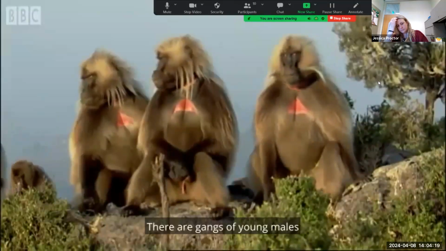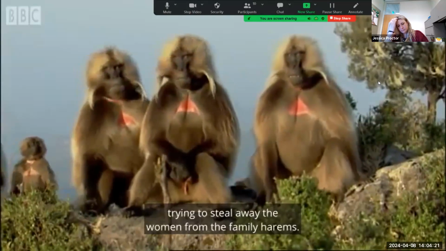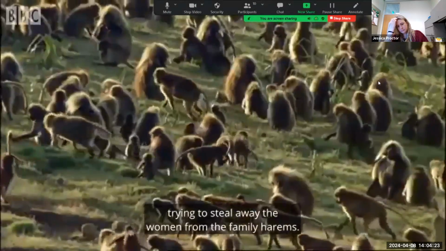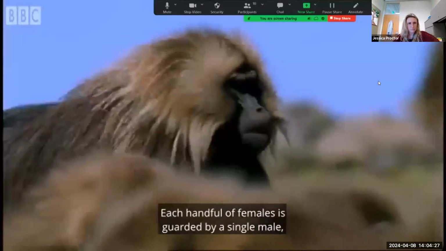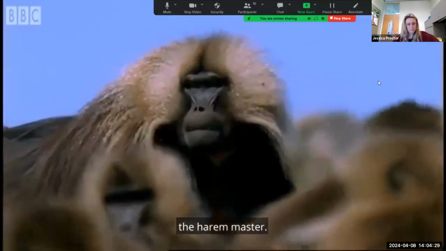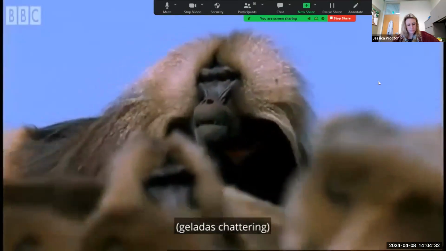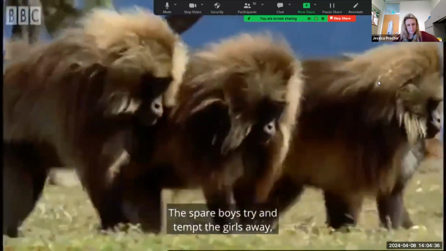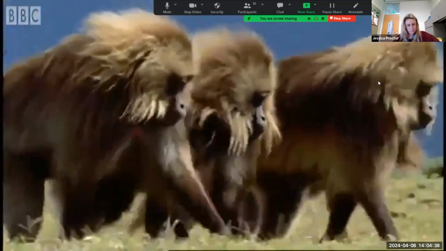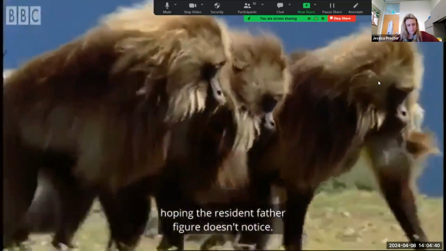There are gangs of young males trying to steal away the women from the family harems. Each handful of females is guarded by a single male, the harem master. The spare boys try and tempt the girls away, hoping the resident father figure doesn't notice.